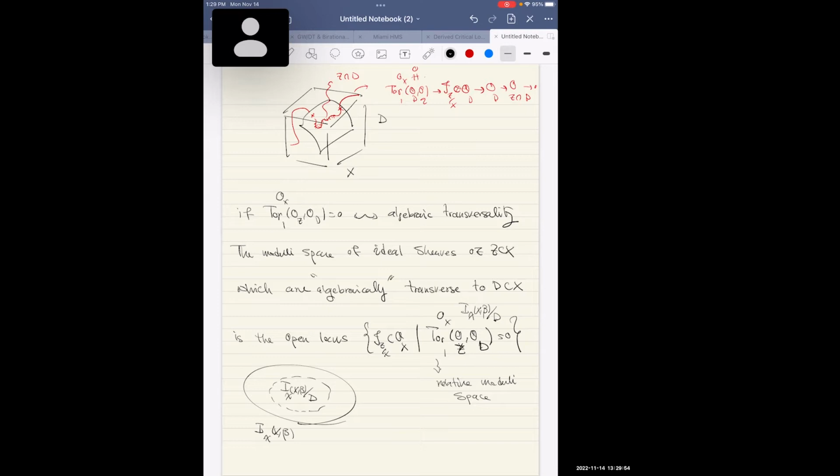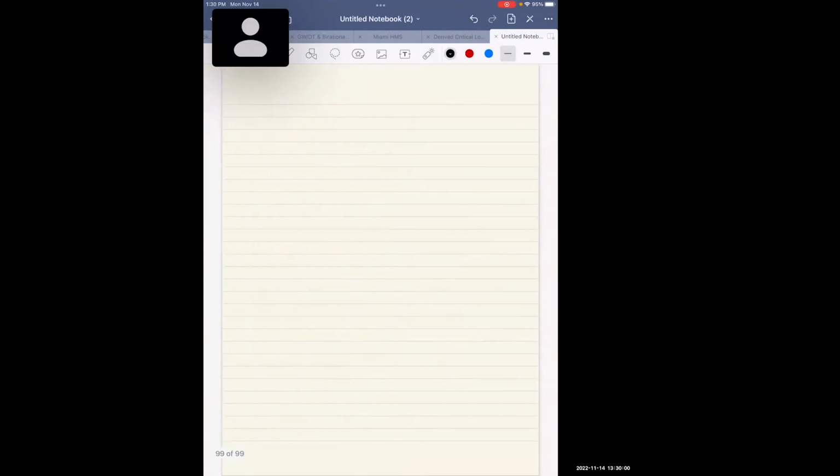All right, and you might ask, why are we interested in this at all? Why study this moduli space? That's the question you have.